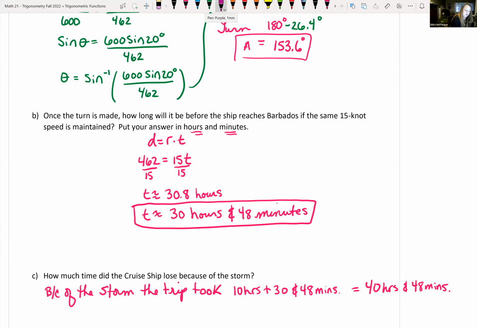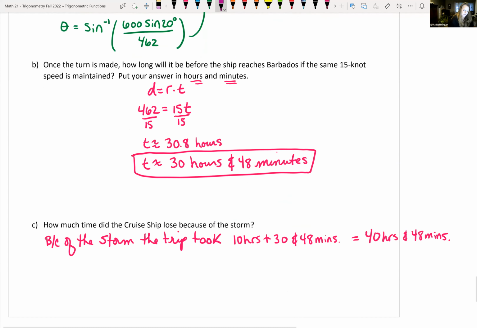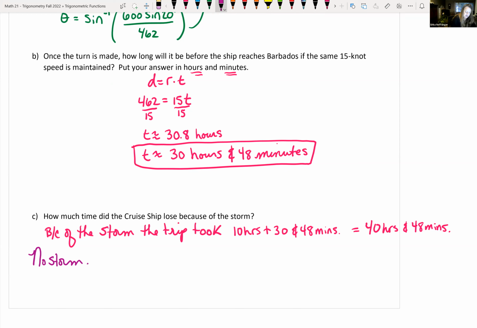If there was no storm, well, the distance was 600 nautical miles. We know that they were going 15, the distance equals rate times time. 600 nautical miles, rate was 15 knots. So we can get the time by dividing both sides by 15. I should be able to do that, but just to go faster, it is 40.